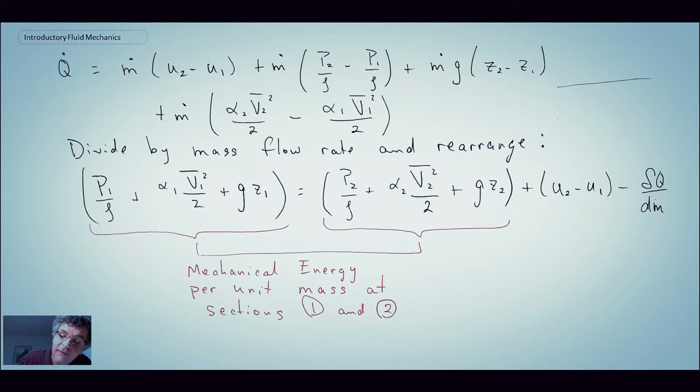In pipe flow, a delta P is driving the flow, and that energy is going into viscous shear. That viscous shear is then represented in these next two terms on the right-hand side here.